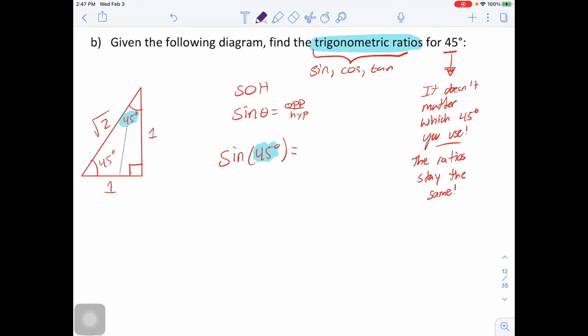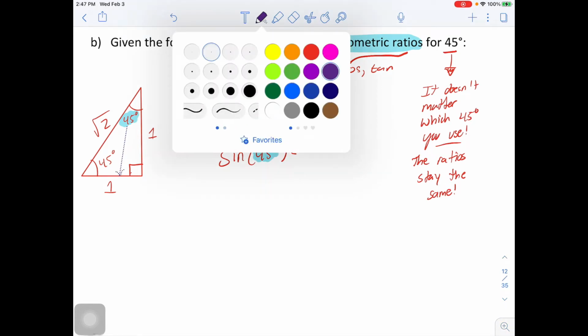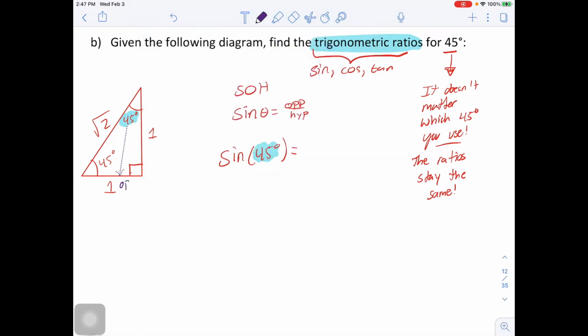So right here. So this is opposite. Meaning that this has to be the hypotenuse, and lots of people mix this up because sometimes they might think, when we get to adjacent, that this is the adjacent, but a hypotenuse can only be hypotenuse. Okay, so my opposite is 1, so this will be 1 over my hypotenuse, which is root 2.